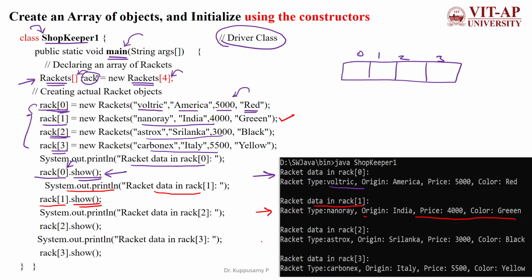Okay, so then we are printing the third record here, its values are printed by calling show method. Then like that, fourth one. So the array of objects are created and passing the values using the constructor. Okay, through the constructor, and we are displaying the values.